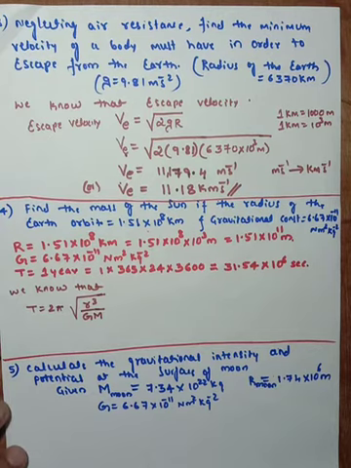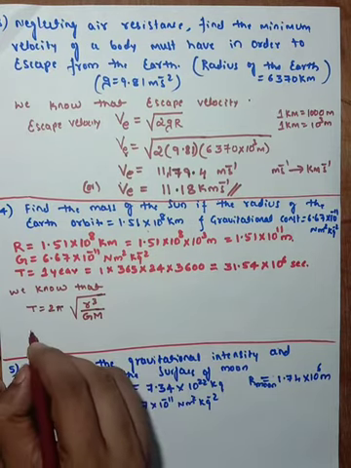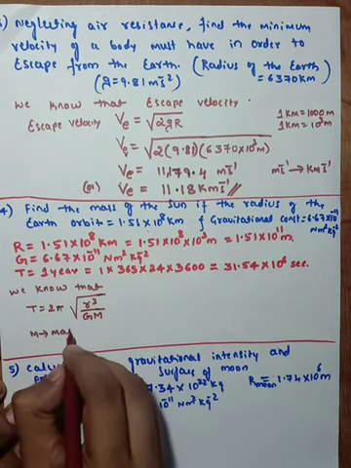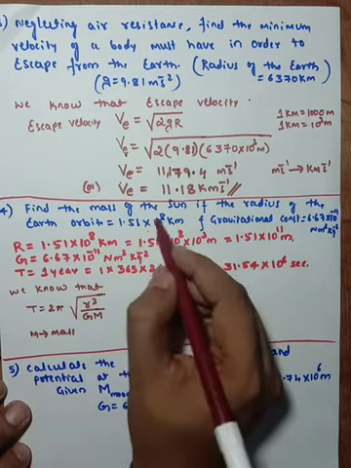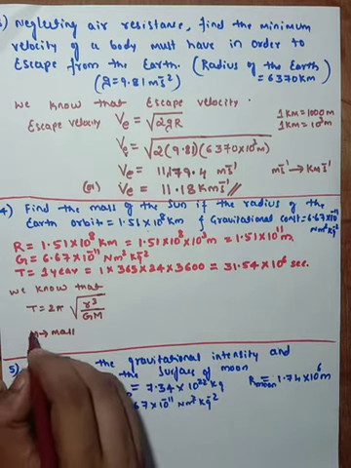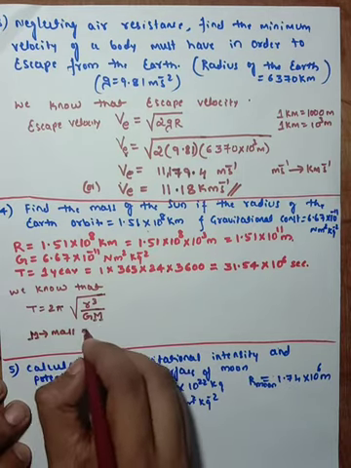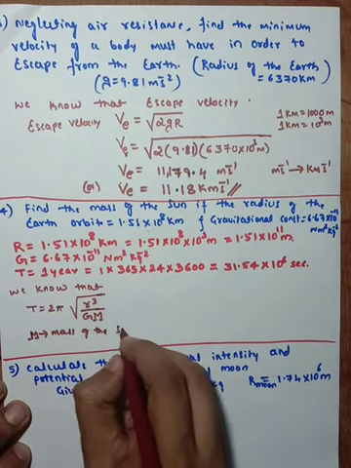The same formula I have to use here. Small m means mass of the earth, but here they have given the sun, so this is capital M, sorry. Let me write correctly, mass of the sun.